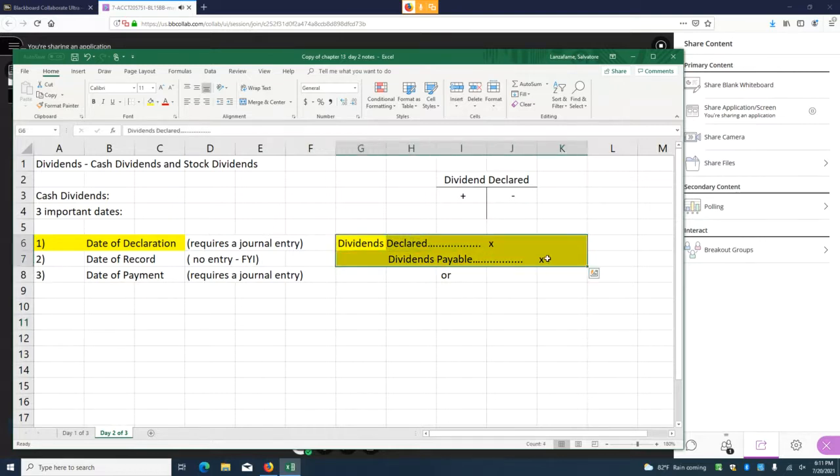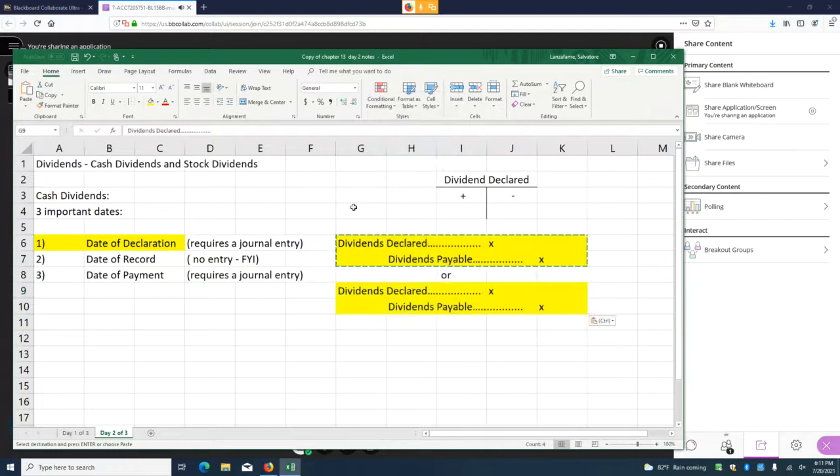So let me just copy this. And instead of debiting dividends declared, some companies will just do that. They will debit retained earnings directly.